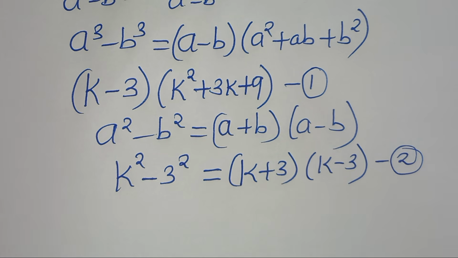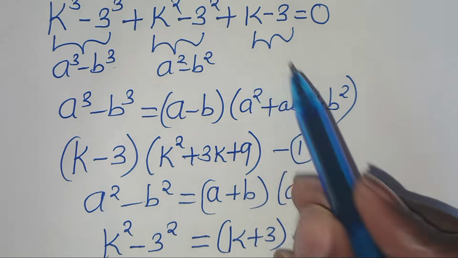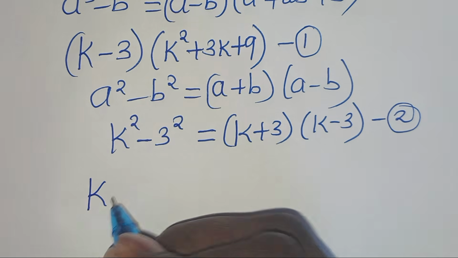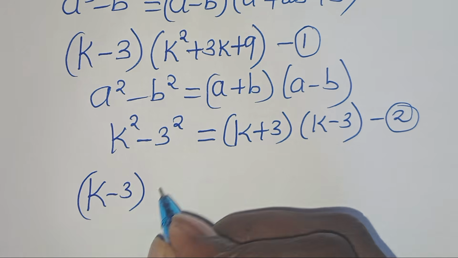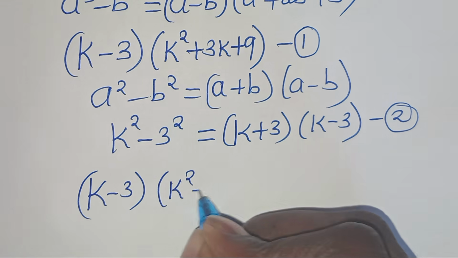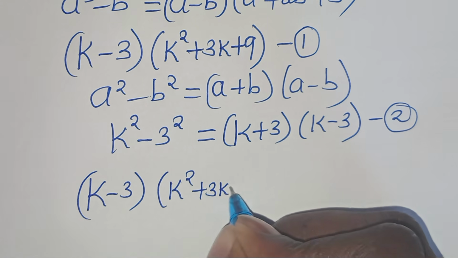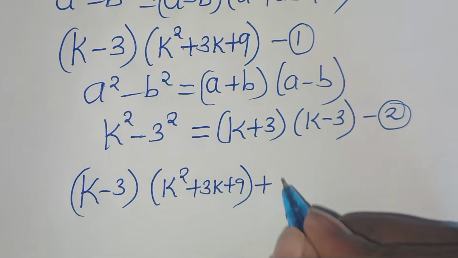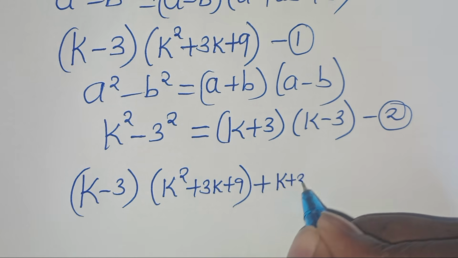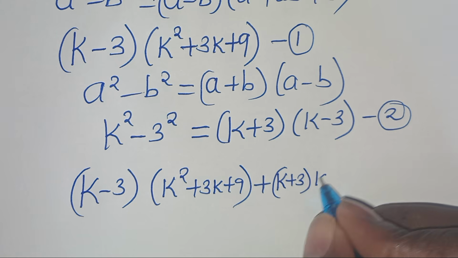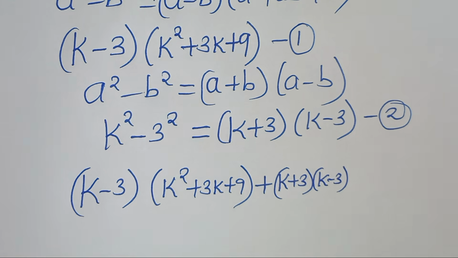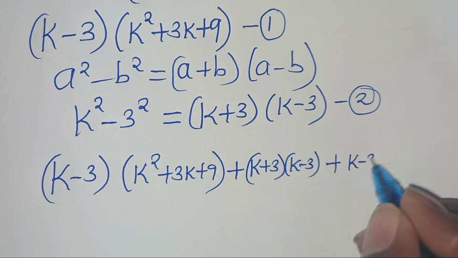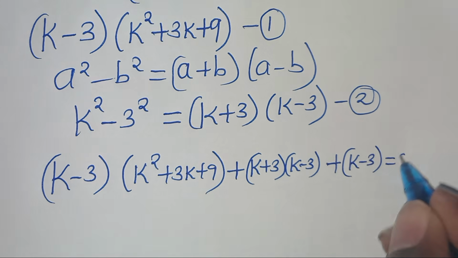So let's combine the first part, the second part, and also the third part here. So that now we have k subtract 3, k squared plus 3k plus 9, then we have plus k plus 3 multiplied by k minus 3, then we have plus k minus 3. This is equal to 0.